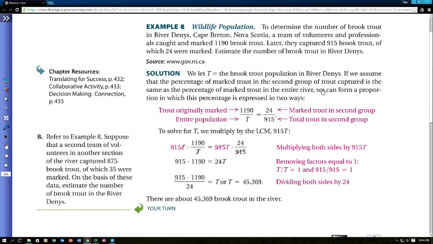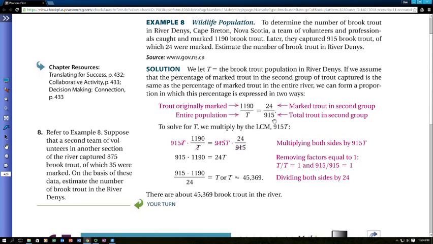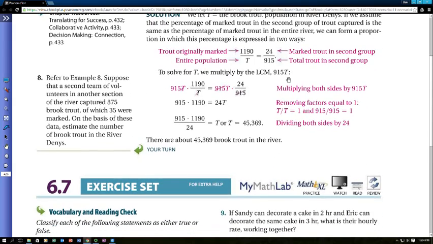So I take the original marked, which is 1190, over the population that we don't know, should be equal to the marked trout over the total trout in the second group. Okay, because they tell us how many came in, right?